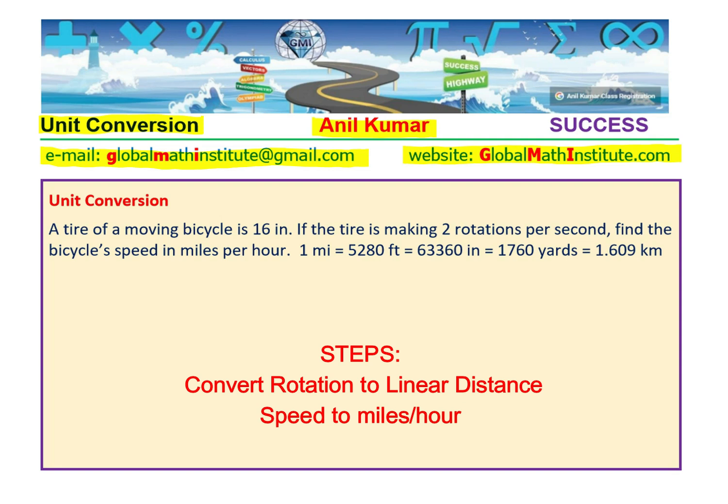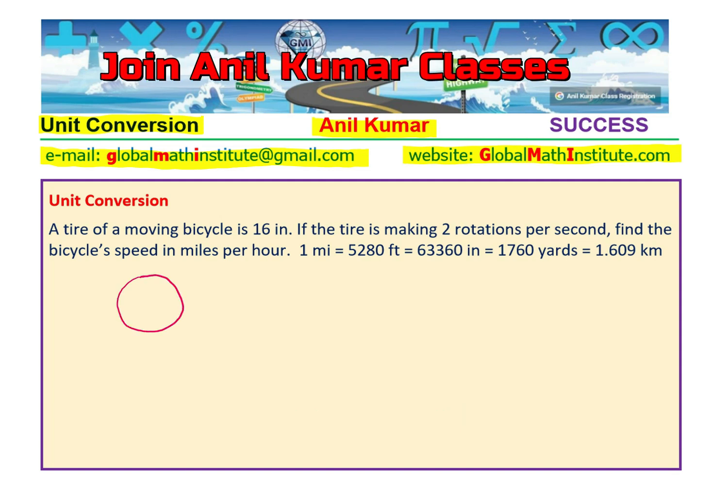We are given a wheel of the bicycle whose radius is 16 inches. In each rotation, it is going to cover a distance of 2 pi r, since this is the circumference.